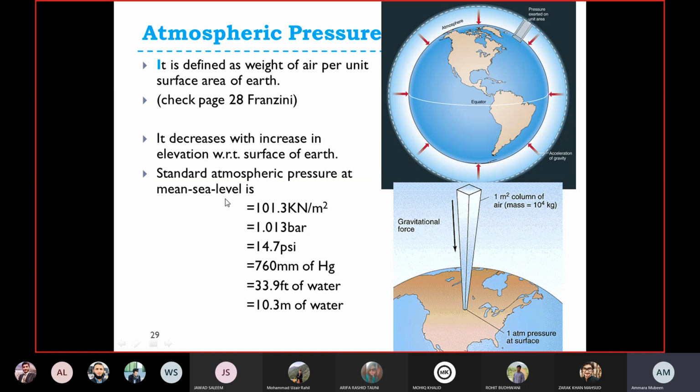Standard atmospheric pressure at mean sea level is as flashed. Okay, so it means that when the elevation with respect to the surface of the earth is greater, what about the pressure there? Atmospheric pressure increases or decreases?